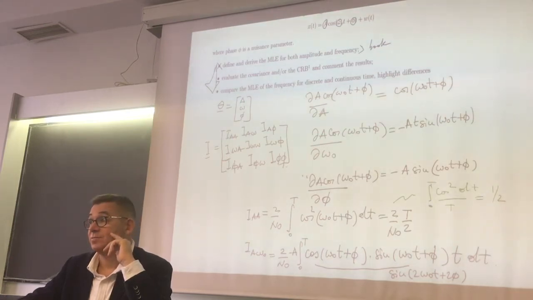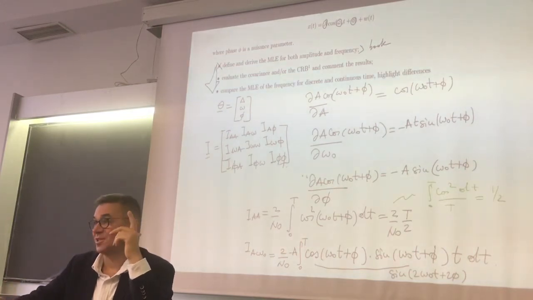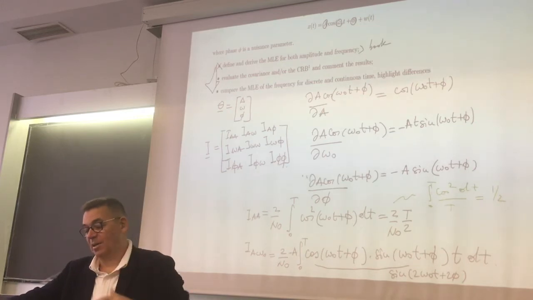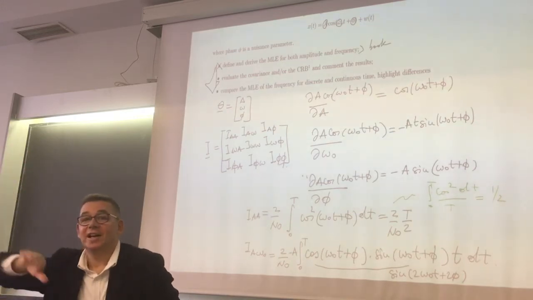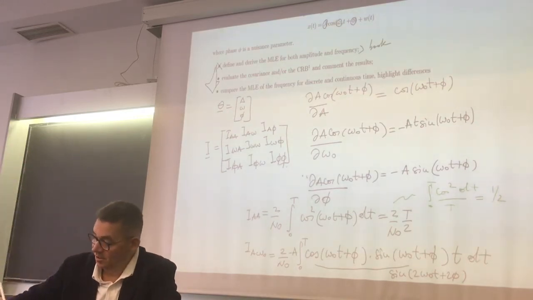Over 2. Sine of 2 over 2. Yeah, but since it's a 0. Okay. Now this one is equal to 0 because I have a t function and a sinusoid. Let me sketch it.